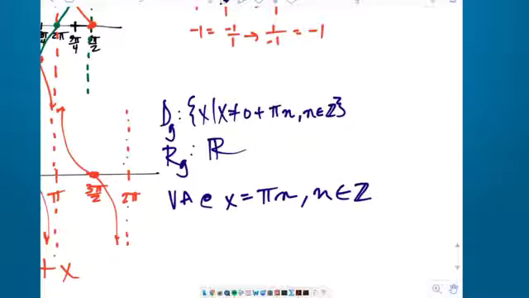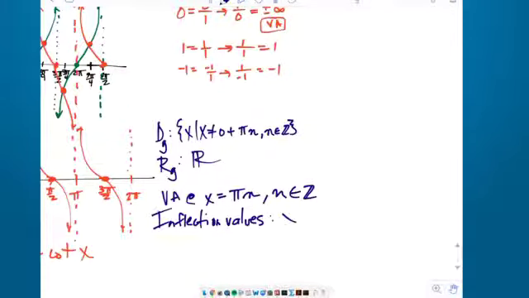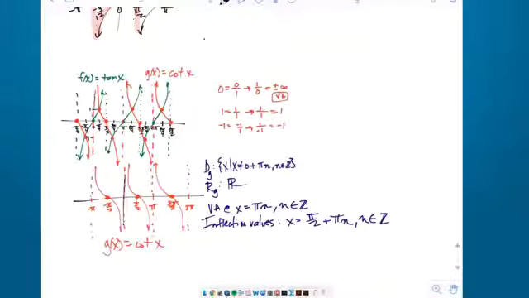And the inflection values. The inflection values are at the odd pi halves, which are going to be at x equals pi halves plus pi n, where n is an integer. So once again, it looks like everything is opposite. They trade places.